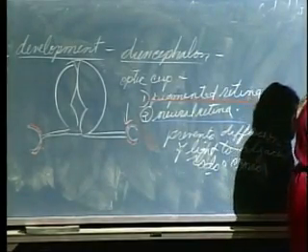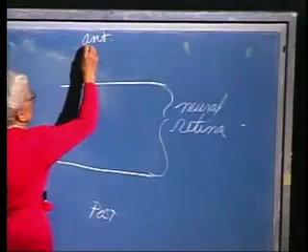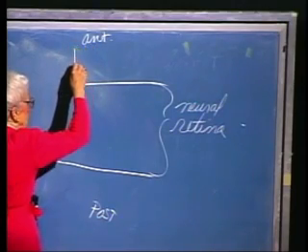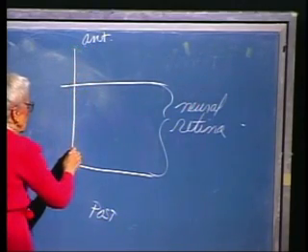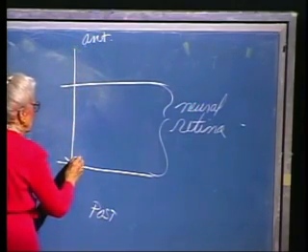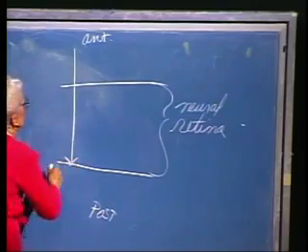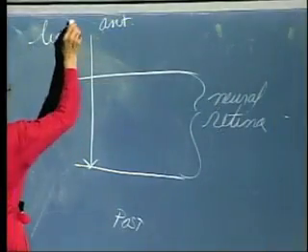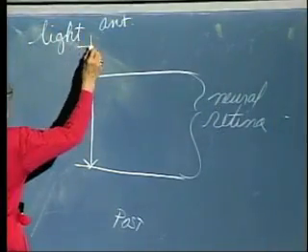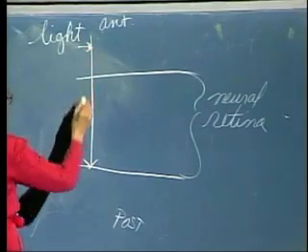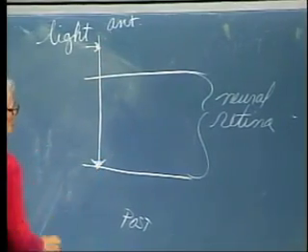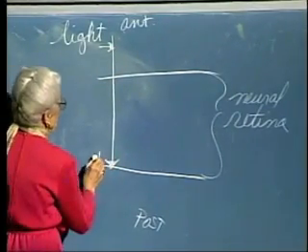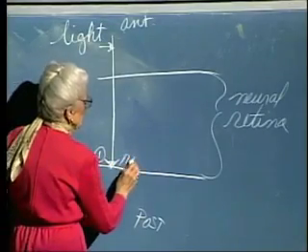We'll start with the light coming through, all the way through the retina to the lowest level of cells. And the first layer will be the rods and cones.